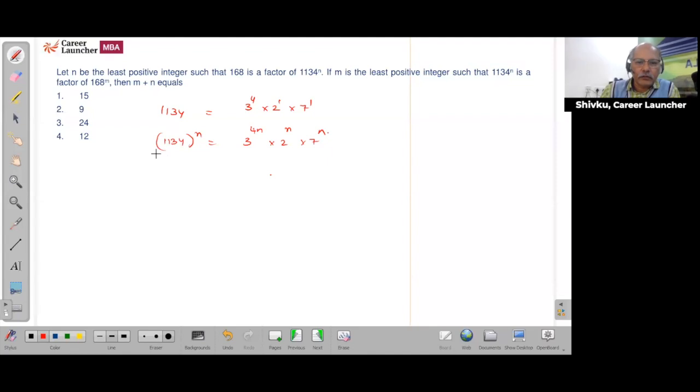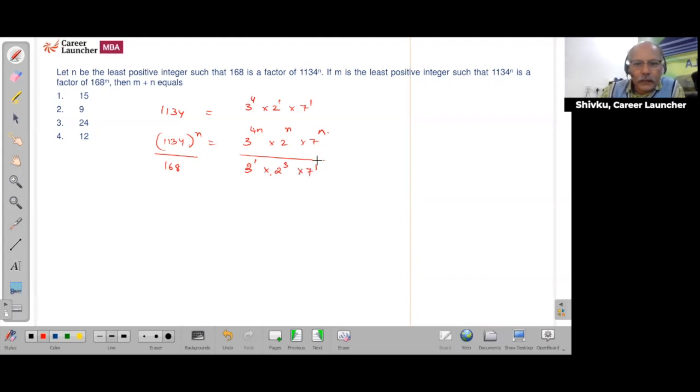And this we are saying should be divisible by 168. 168 is 14 into 12. So we can see this works out to be 3 to the power of 1 into 2 cube into 7 to the power of 1.